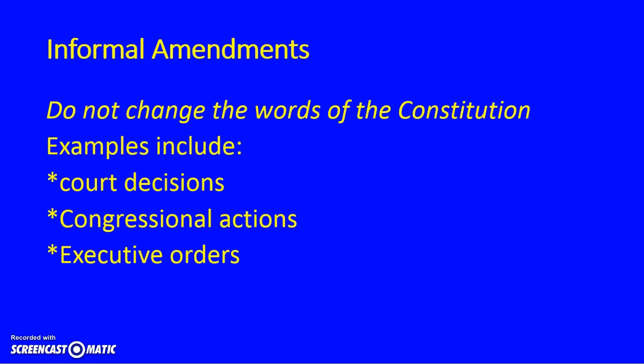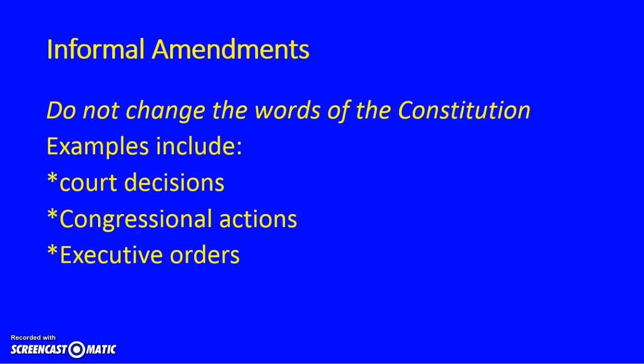Informal amendments are not added to the list of 27 amendments. These are just informal changes that happen by the three branches. The judicial branch can make a decision that affects the way we govern or the way the nation functions. There is an example with Brown versus Board of Education when the court said that public schools must be integrated.